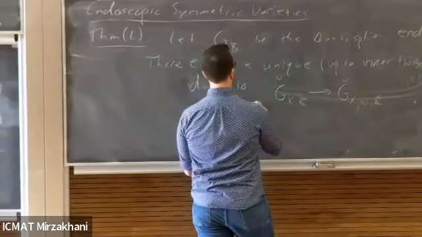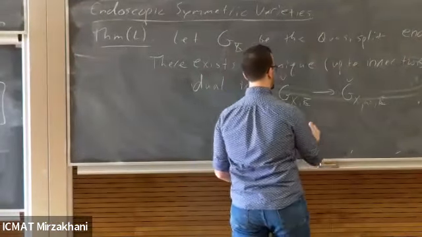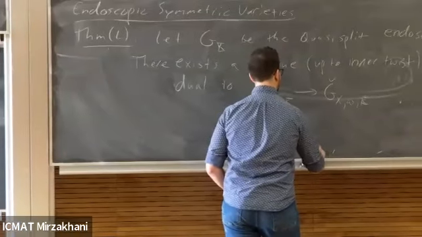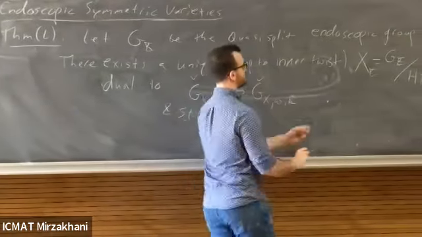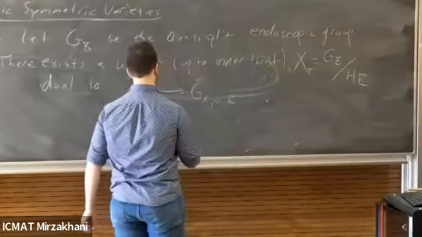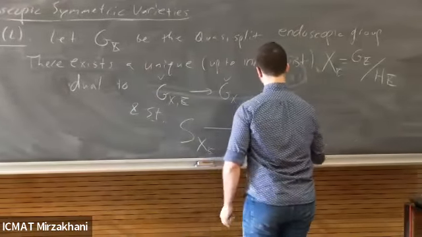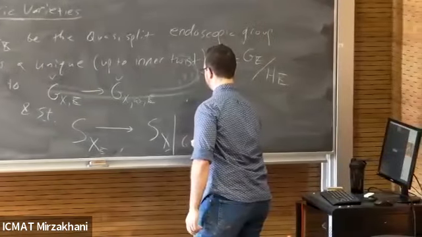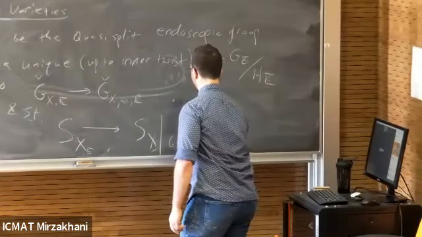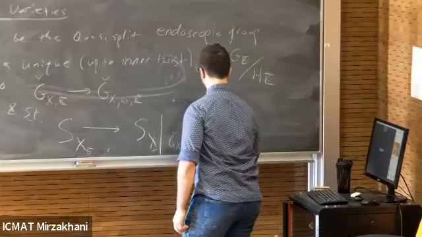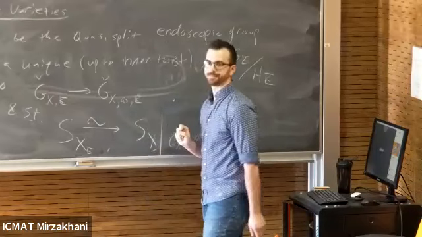And such that if I take the symplectic representation associated to this endoscopic variety, there is a morphism to the restriction to this smaller stabilizer, and this is an isomorphism.